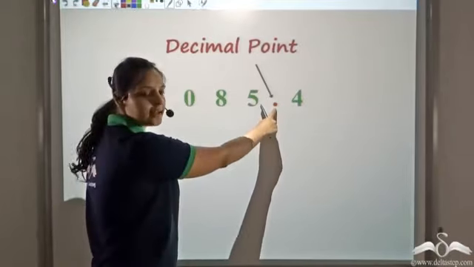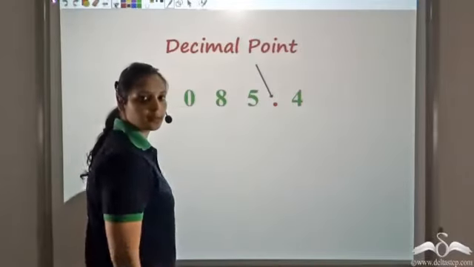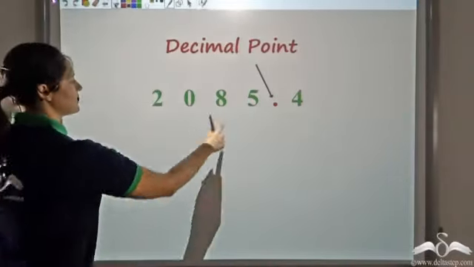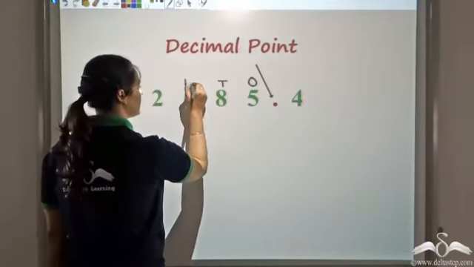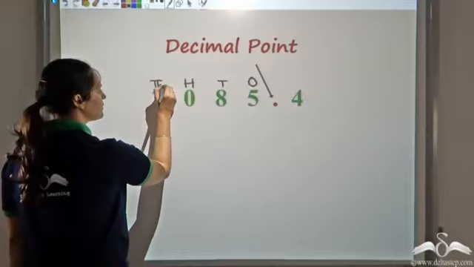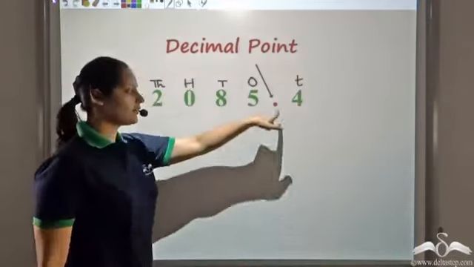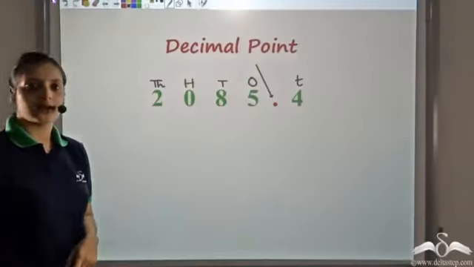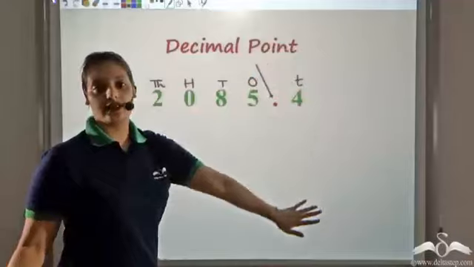Now this represents that tenths position will start only after this decimal point. So this is ones, this is tens, this is hundreds, this is thousands, whereas this is tenths. So only after the decimal point, the tenths place comes into picture. If there is no decimal point, then we do not have a tenths place.